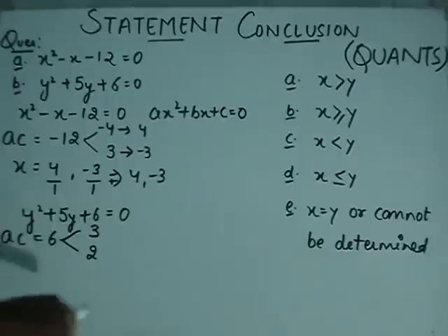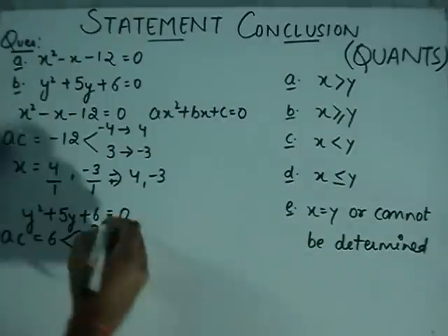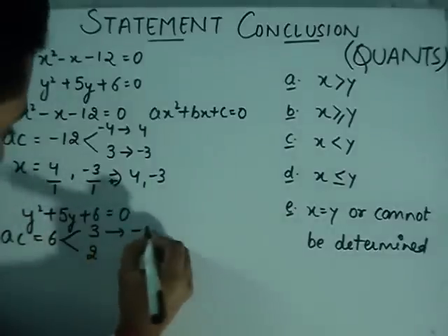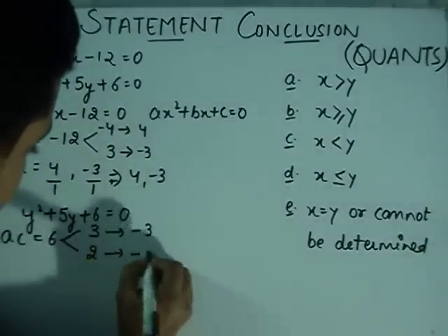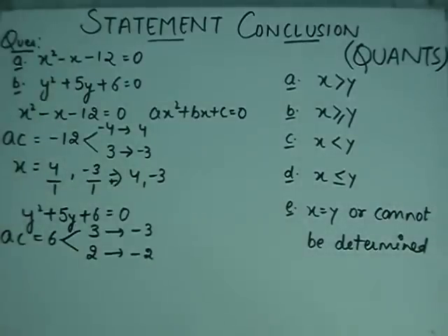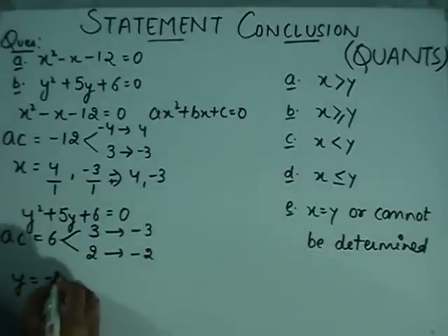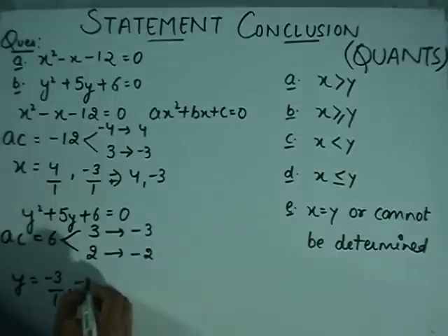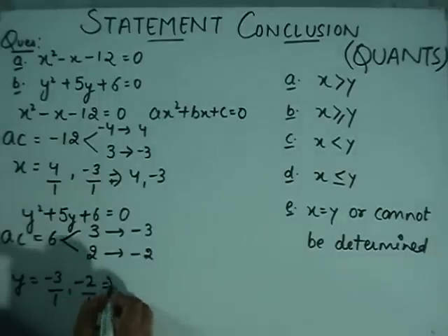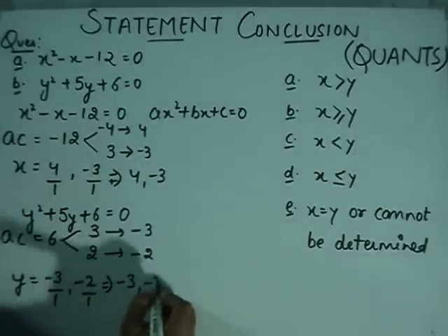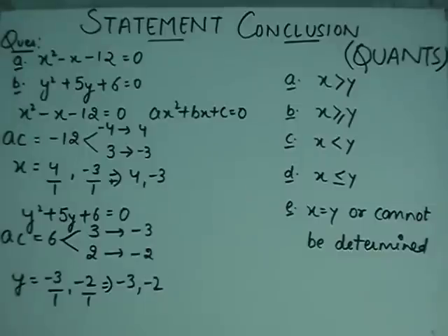When we get our splitting terms, change their signs: 3 becomes minus 3 and 2 becomes minus 2. So the roots of my equation y are minus 3 and minus 2. You can check it by substituting the values in the equation or by another method.